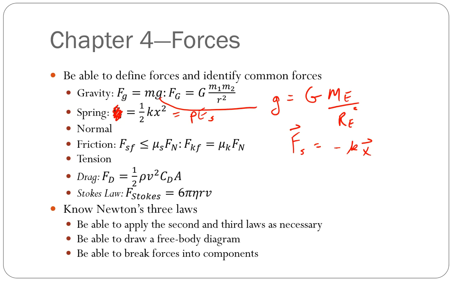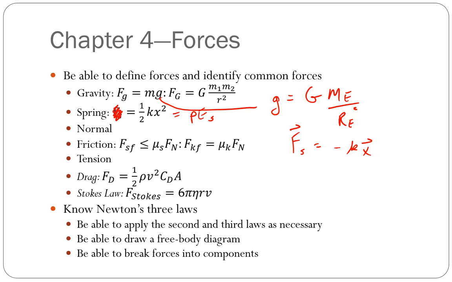So if the net force is 0, the acceleration is 0. That's what the first law said. If the net force is not 0, then you can calculate the acceleration from the second law. So it's important to know the law of inertia, but we really don't have to ever use it because the second law incorporates it.